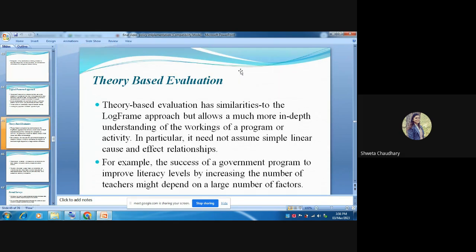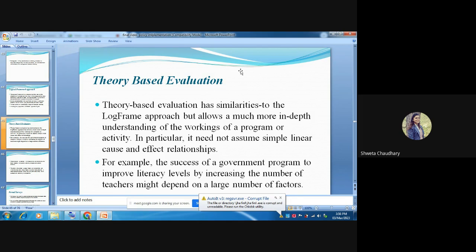Then theory-based evaluation, which is similar to the log frame. Basically, in the log frame approach we give a framework or layout. We state that this policy has been introduced, and the effect of this policy is that it has controlled poverty in our country and improved the literacy rate.